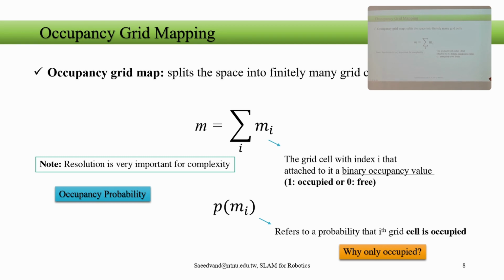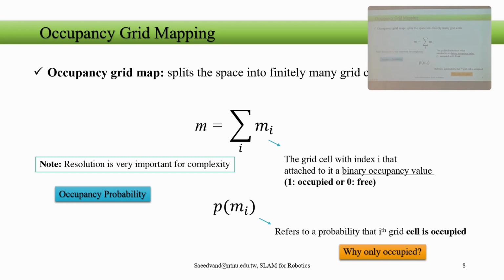And the resolution, of course, is important. But if we want to bring it to the form of the occupancy probability, same as previous, we can write probability of mi. That says each one of these grid cells should come to the form of probability of how likely it is occupied or not. How much certain I am that this grid cell, for example, is occupied or not.